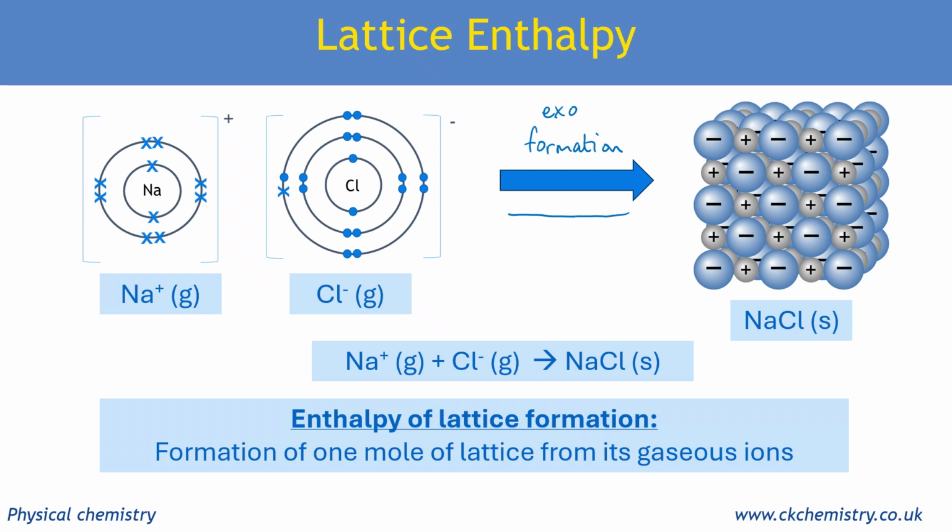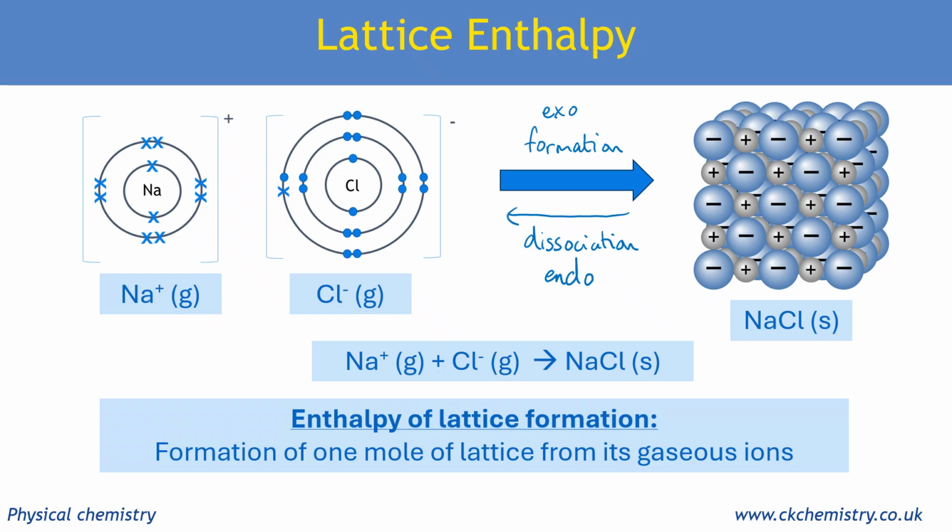You can go the other way, and this is what would be called lattice dissociation enthalpy, and that would be endothermic, so it would obviously be exactly the same number, but with the opposite, positive sign. Lattice formation is exothermic, so it should have a negative sign. It's very large, much larger than covalent bonds, because it's not a single bond.